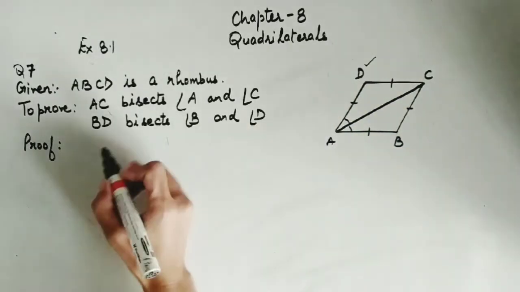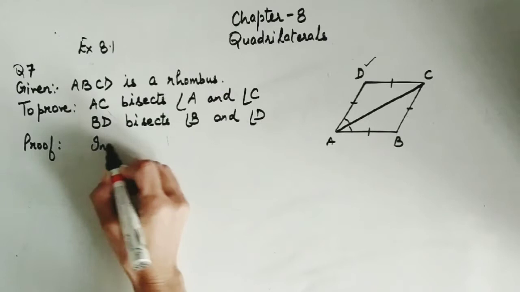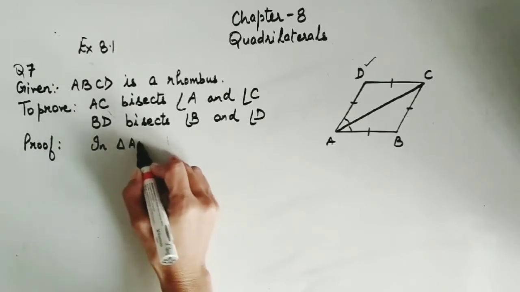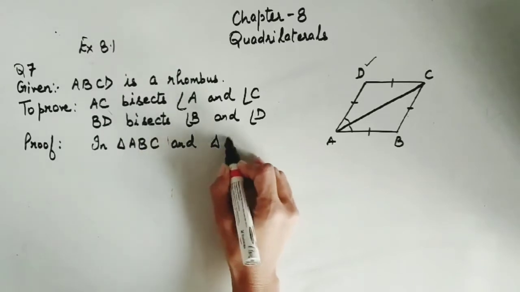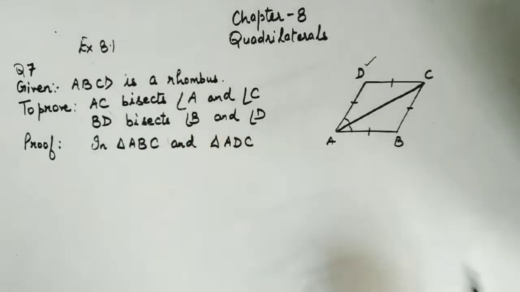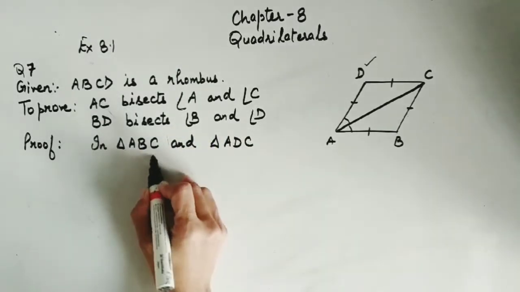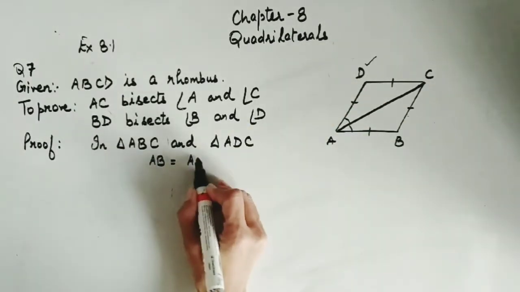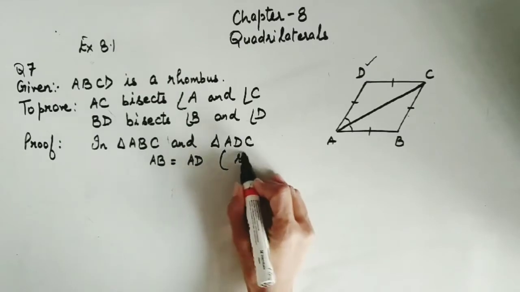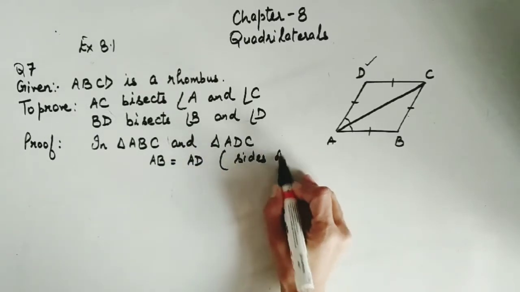Let's quickly write it down. We are taking triangle ABC, and then we are taking triangle ADC. First of all, AB is equal to AD. Why are they equal? We know they are sides of a rhombus.